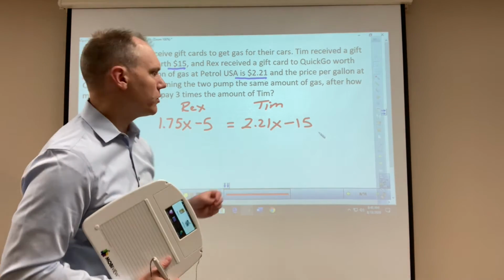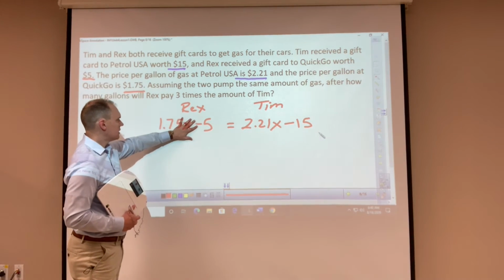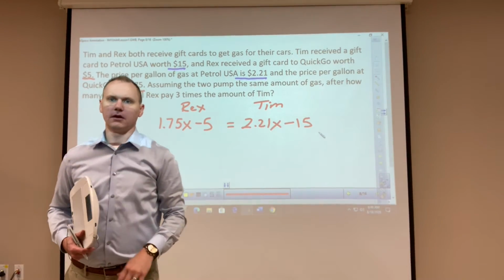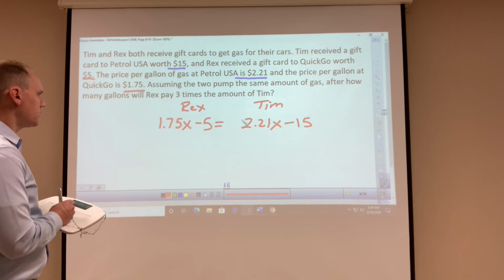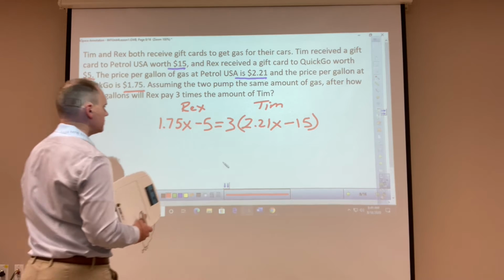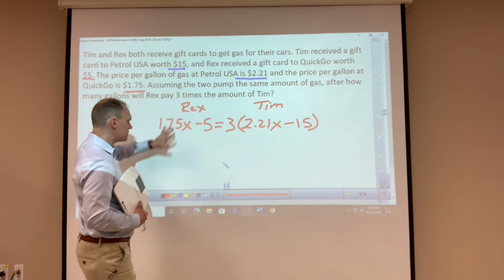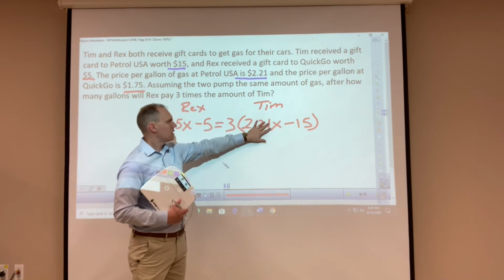Okay? So what we want to know, when will this be 3 times the amount of this? So we are going to multiply this whole right side by 3. Right? So when Tim's value is multiplied by 3, that's going to be equivalent to Rex's value. Okay? When will Rex pay 3 times the amount of Tim?